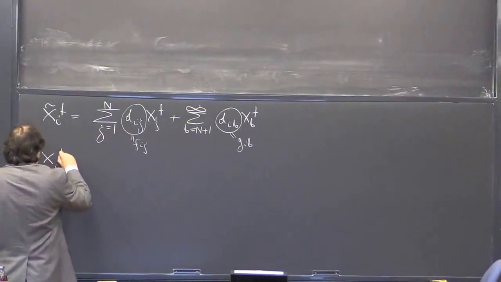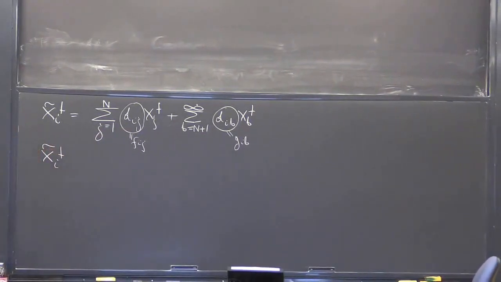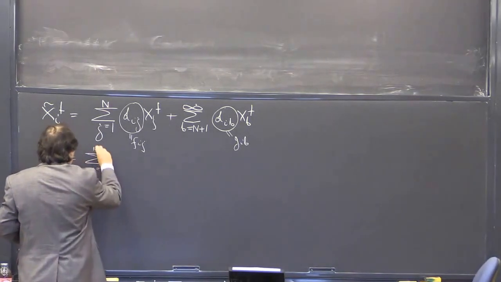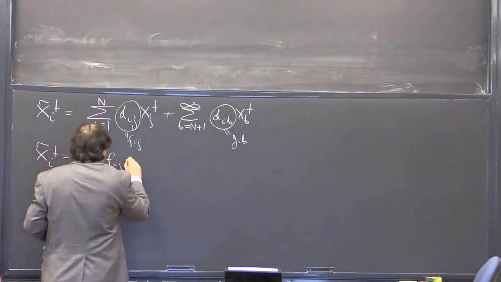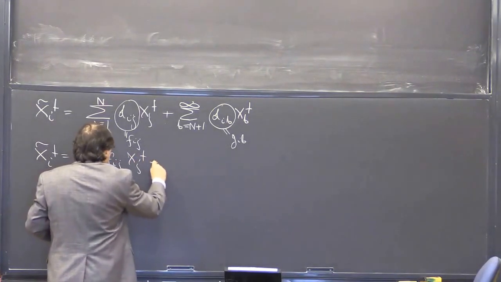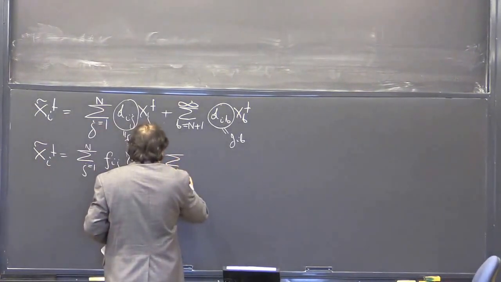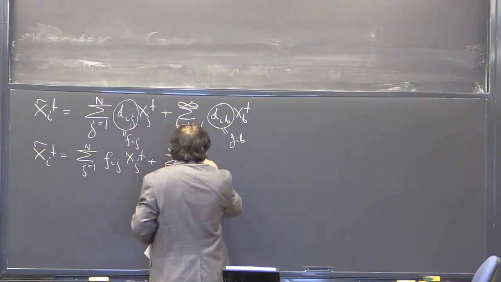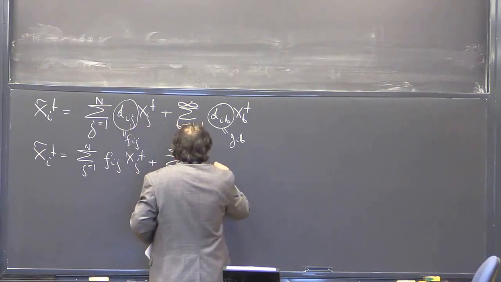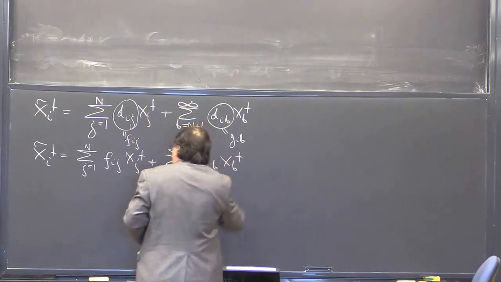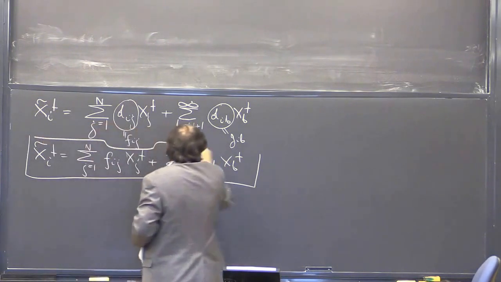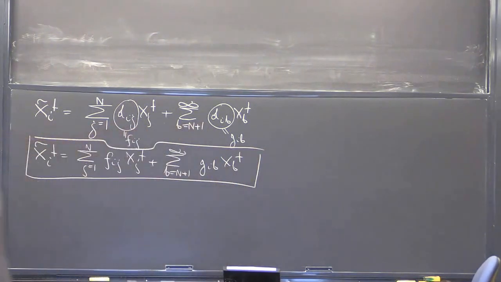So we have then xi tilde dagger equals a summation over j from 1 to n fij xj dagger plus a summation over b from n plus 1 to infinity, if we have infinitely many spin orbitals in our basis, g I b x b dagger. Okay, this is going to be one of the useful expressions for the calculations I'm going to be performing right now.